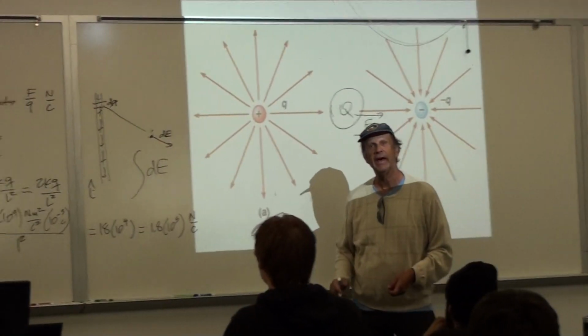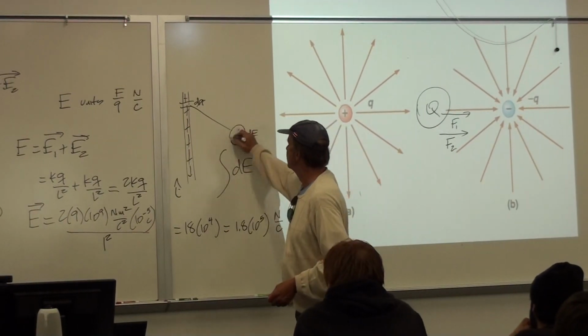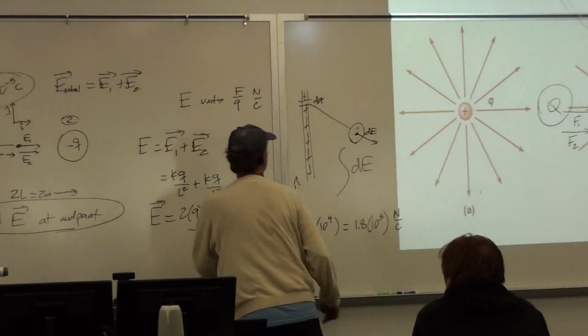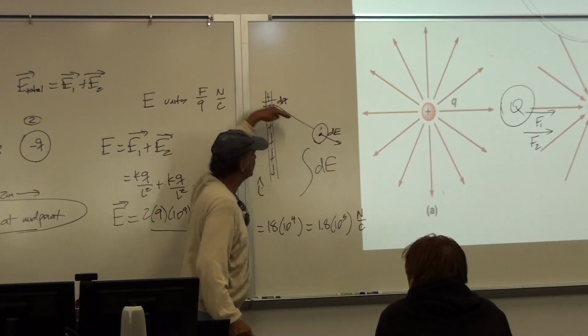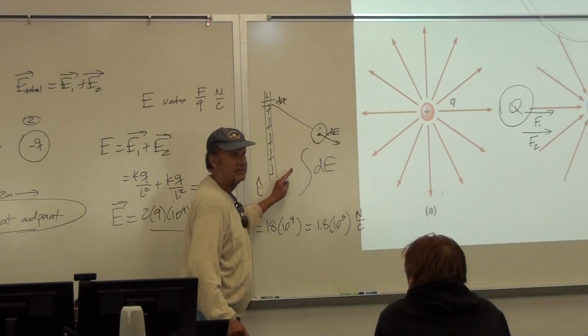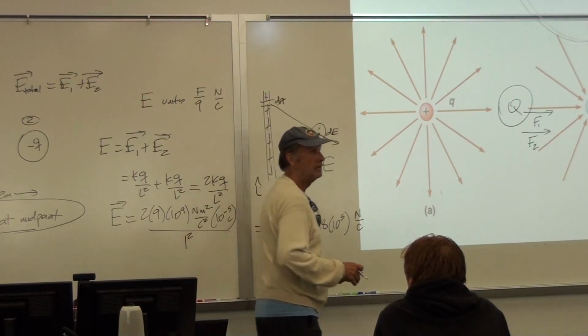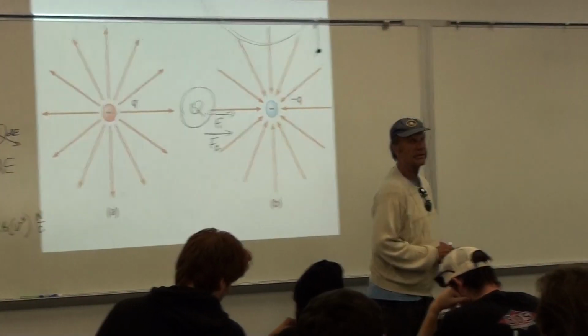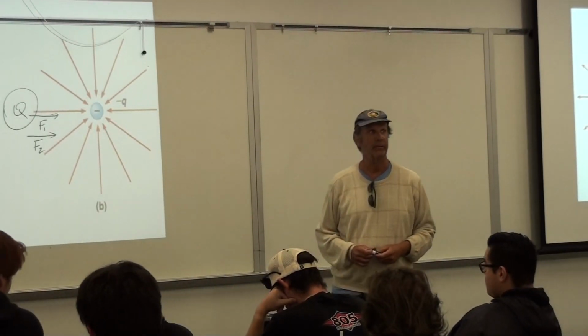Then once you've done that, you can then take a charge and put it at that location, and you've got a much simpler problem to solve than an infinite sum of different forces. So it's easier to work with because we're going to be dealing with more complicated charge distributions as time goes on.